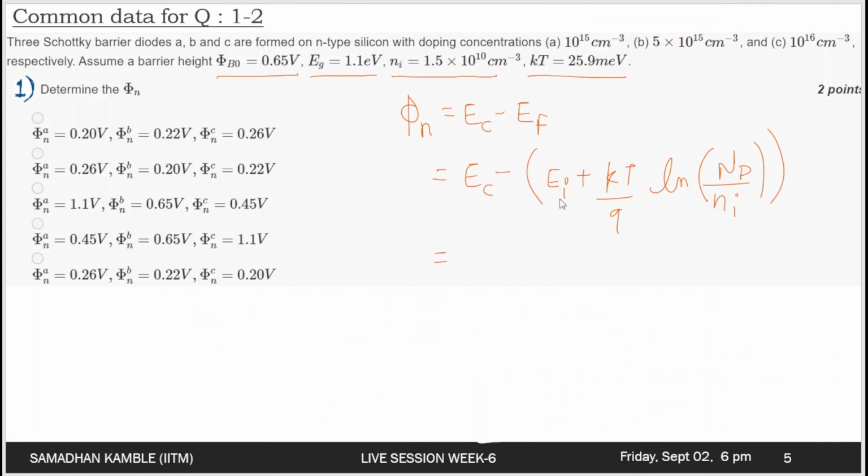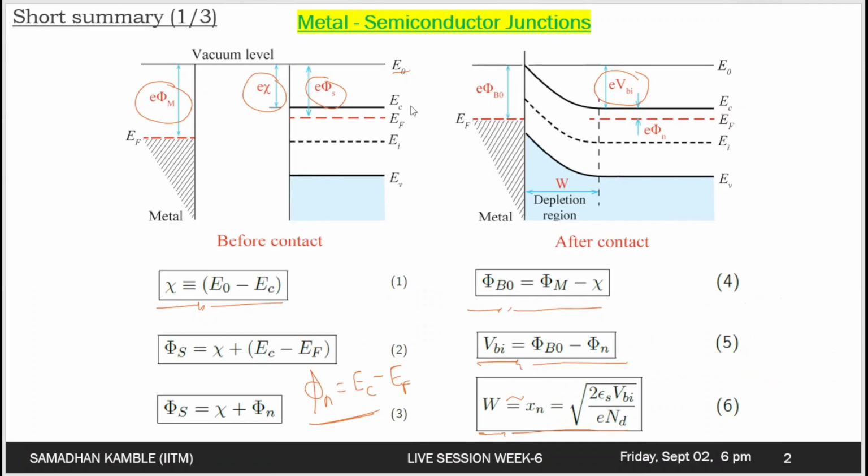If you just solve the bracket here, we will get EC minus EI minus kT over q ln of Nd over Ni. So Ec minus Ei, that is this value, is nothing but half of the band gap.